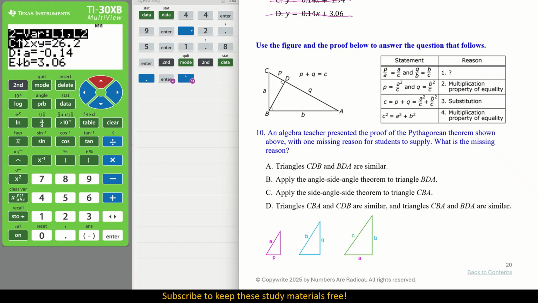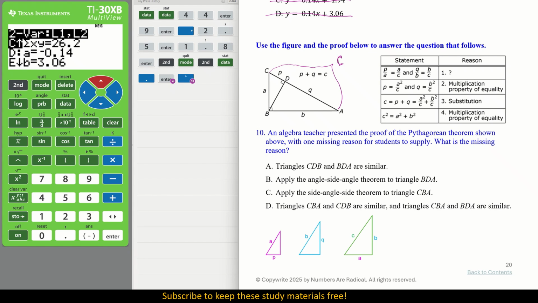Okay, what I see is a proportion, but the way they have this written, it's kind of hard to pick through that. Okay, now there's one thing I need you to see quickly. Right here, they're adding P and Q to make C. Okay, so that's C.